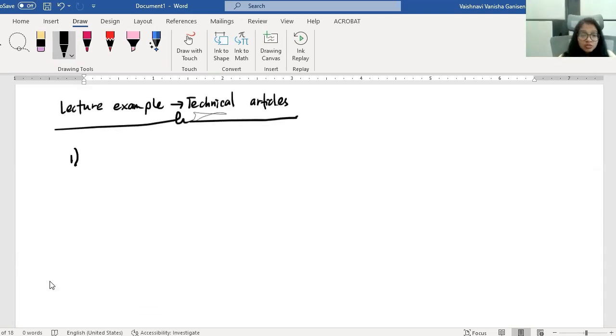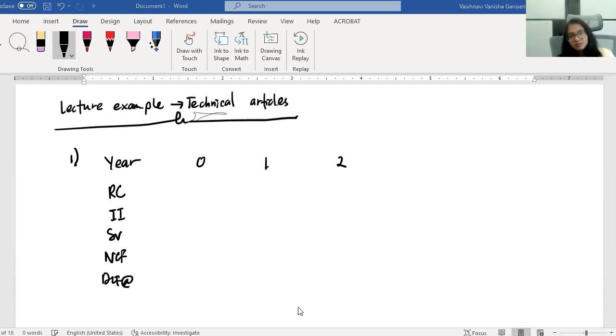Remember, he gave you 2 different years for your EAC. So you need to calculate the EAC for year 2 and also for year 3. So how do I proceed with that? So year 0, 1, 2, running costs, initial investment, scrap value, net cash flow, DCF at how many percent? 11%.